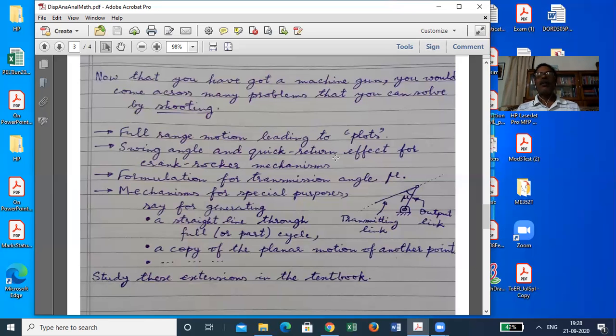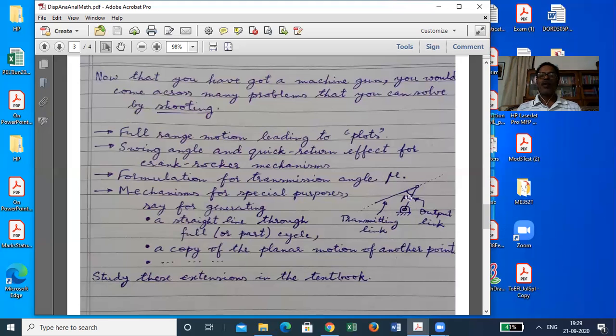They will maintain the average speed, and of course during the motion, if you drive the crank uniformly during a cycle, in the output, which is also a crank in that case, the follower, it would be a variable speed over a cycle.